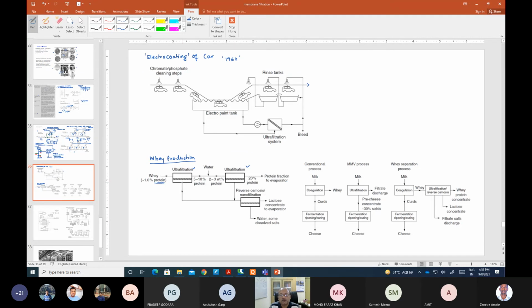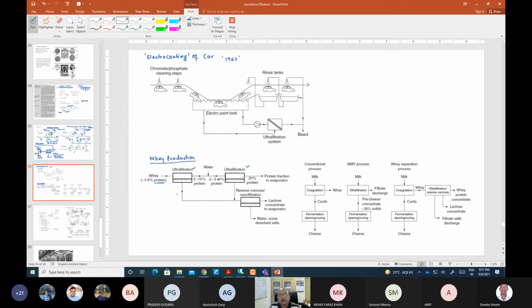In the first stage, we take out the protein fraction right here. And because we cannot go to a very high degree of concentration in one stage, we also use water and make it 2 to 3%, and then can take it to the protein.